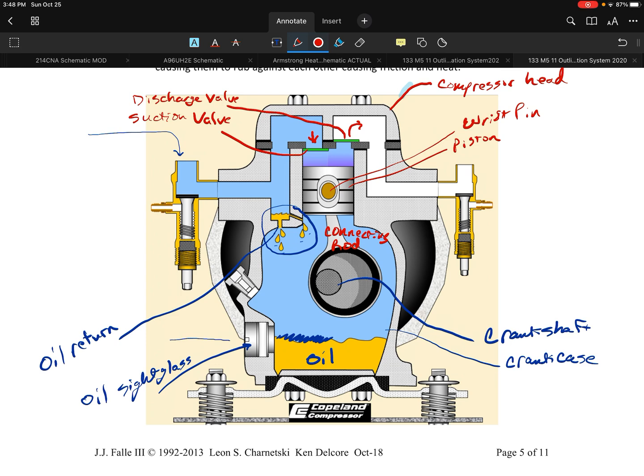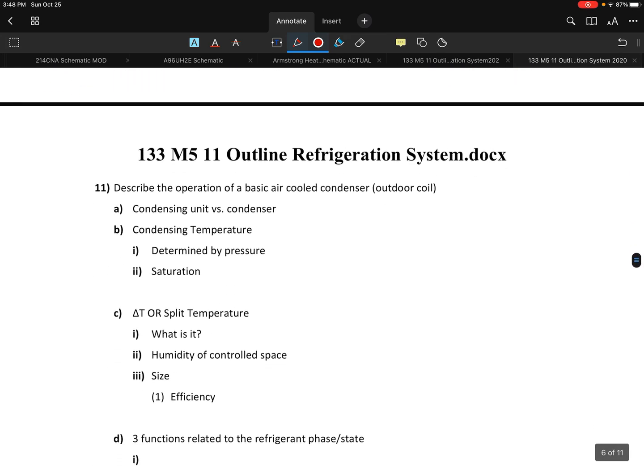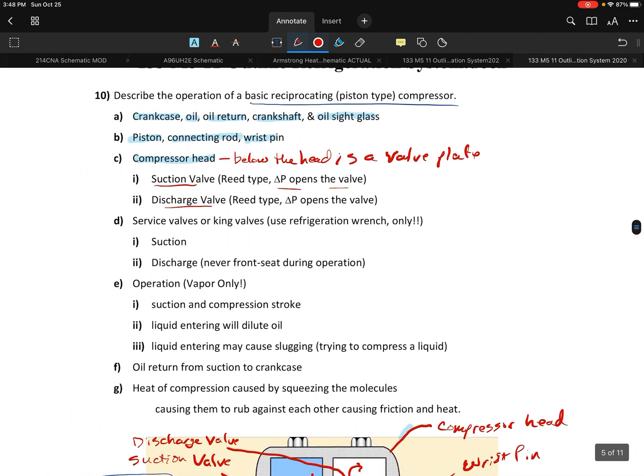All right, service valves, item D. The service valves are King's valves. We make a note on here: use a refrigeration wrench only. There are so many times in the field that you'll run into systems where you can tell somebody used a channel lock, or pliers, or an adjustable wrench.